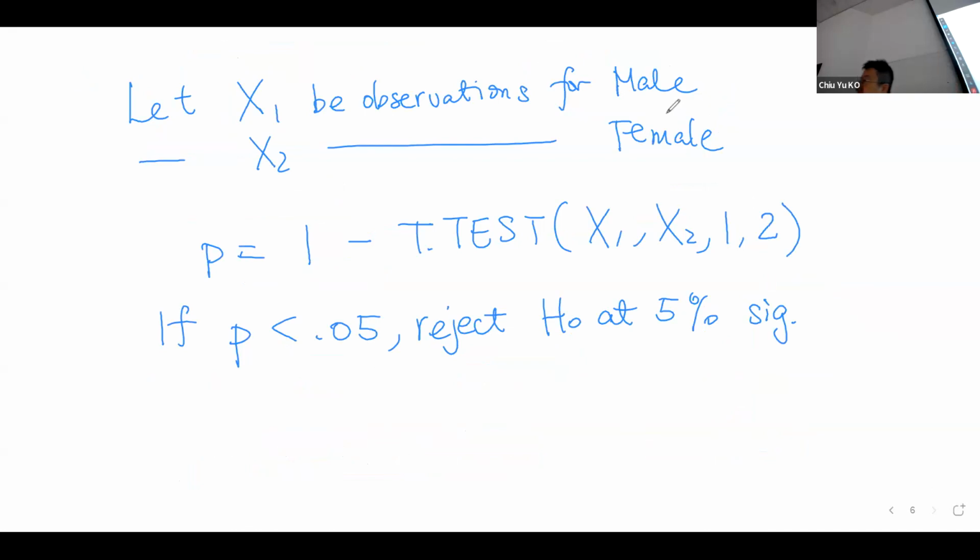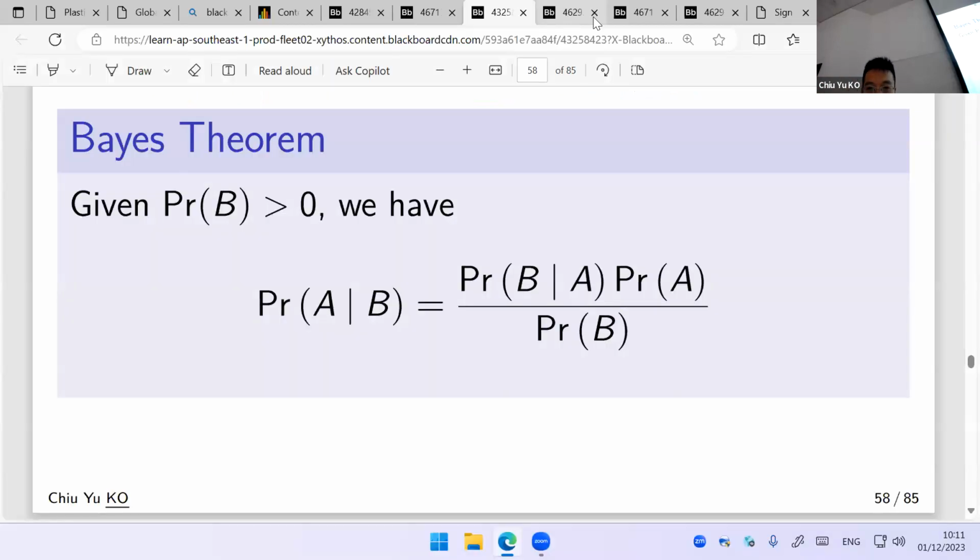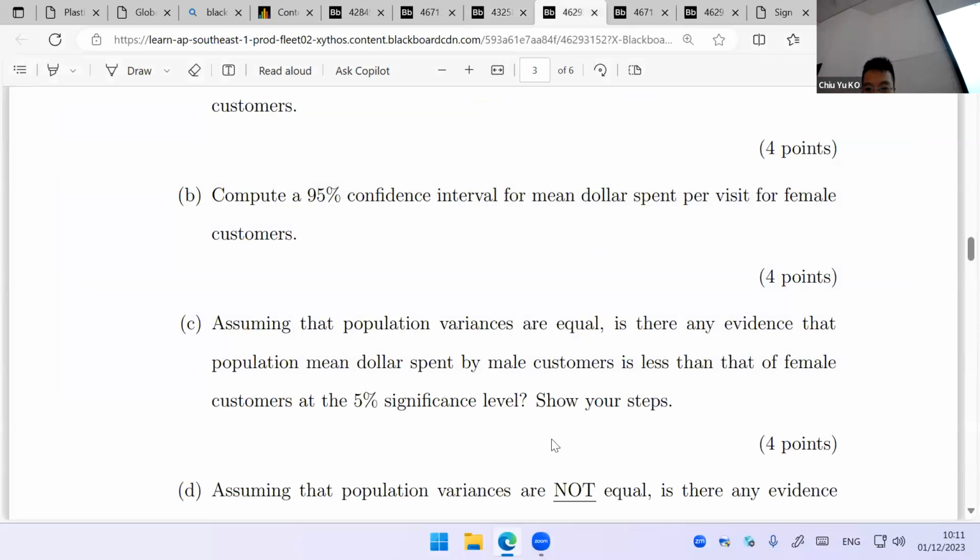Any question? Yes. Oh, the question gives you directly. Because he said, is there any evidence the male is less than? It's something you want to see. So the question is: is it less than? Is it more than?